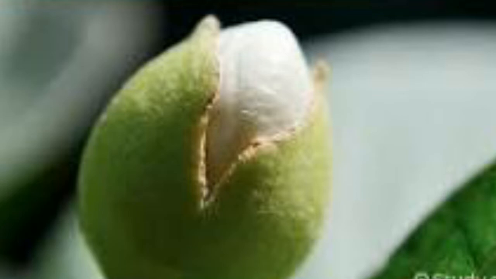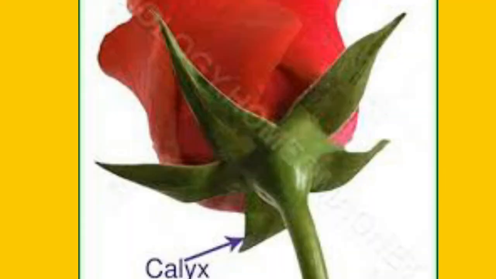See children, the outermost whorl or outermost layer or outermost circle of the flower is the calyx. It is made of sepals, green small leaf-like structures. They are called sepals. What is the color of the sepals? Green color.